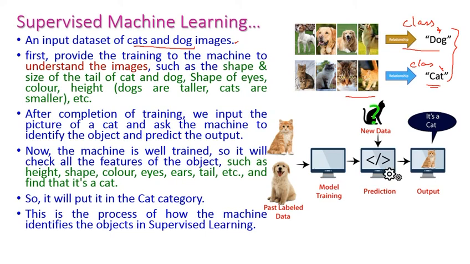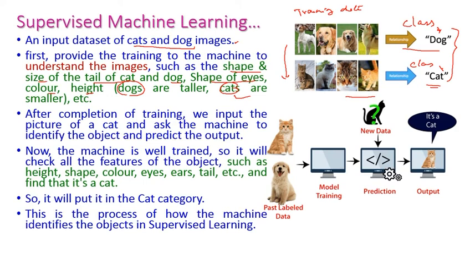The machine will train with respect to the shape, size, tail of cat and dog, and shape of eyes, colors, height. So accordingly it will categorize which image is actually dog and which image is actually cat. After completing this training, now we need to test the machine.